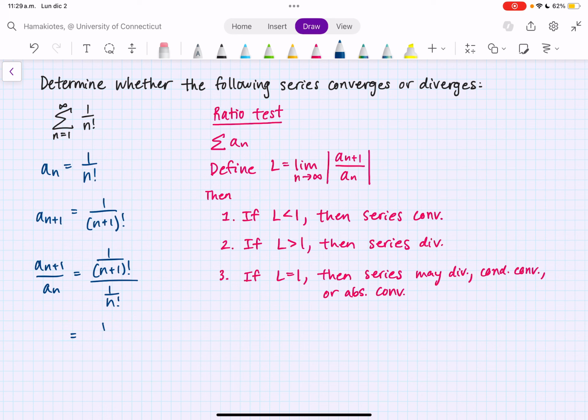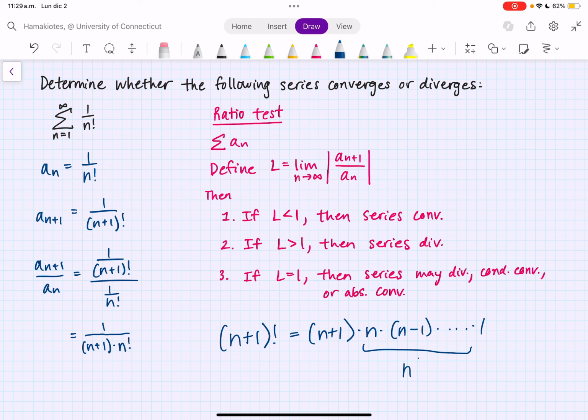This is equal to 1 over, now I'm going to rewrite (n+1) factorial as (n+1) times n factorial. The reason I can do this is because (n+1) factorial is (n+1) times n times (n minus 1), and so on until we get to 1, and this part is essentially just n factorial. So I can rewrite this as (n+1) times n factorial.